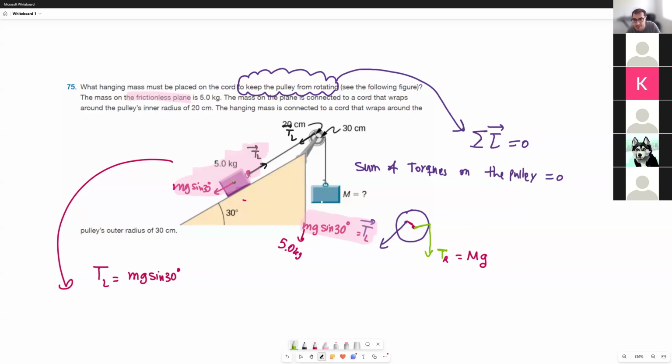If the system is at equilibrium, the tension at this point, we call it tension R, is going to be exactly equal to this tension, and that tension is going to be exactly equal to mg, since nothing is moving. If big M doesn't move, that means the T that pulls it up and mg are going to be exact. So TR is going to be equal to mg.